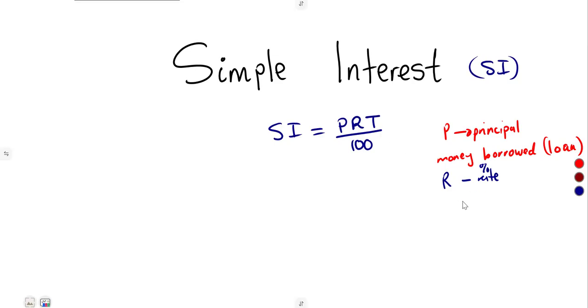Because of the way that we present now, the time is presented with the letter N, the number of payments per year. So you're going to use the letter N. Other textbooks use T, as it is here.